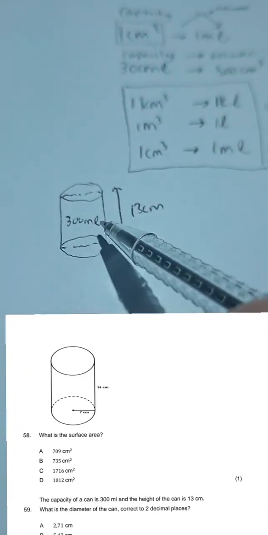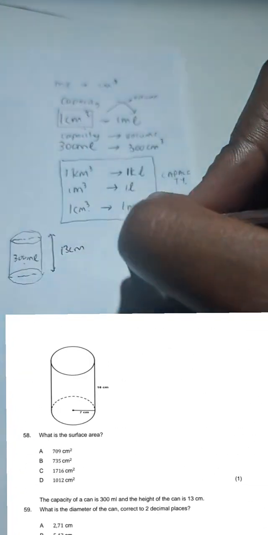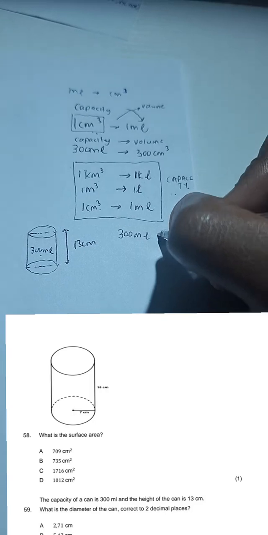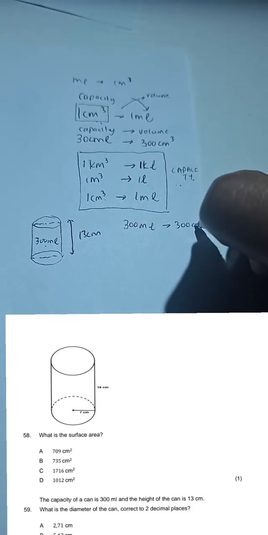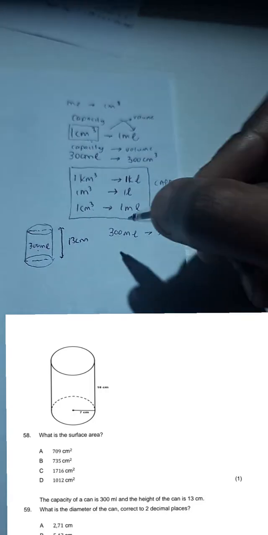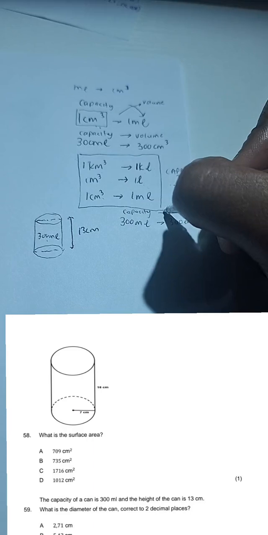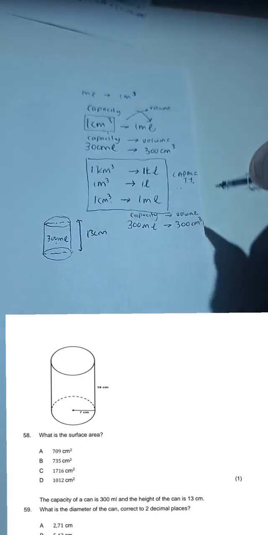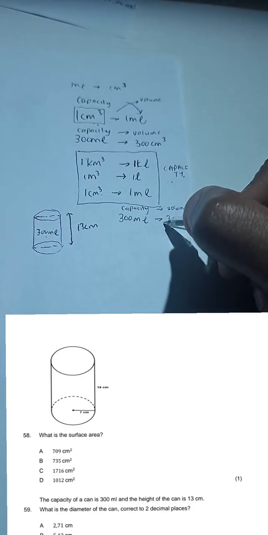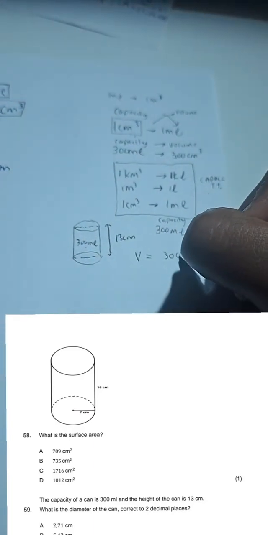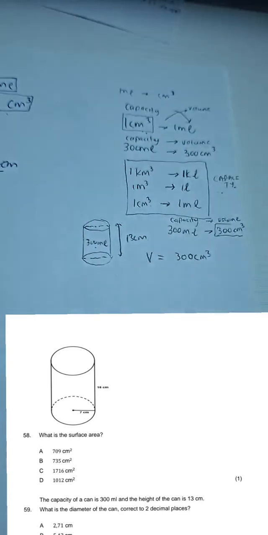So we know that 300 milliliters is equal to 300 centimeters cubed. So this capacity converted to volume is 300 centimeters cubed. That's the volume. So we can say V is equal to 300 centimeters cubed.